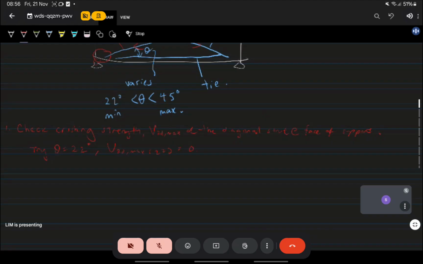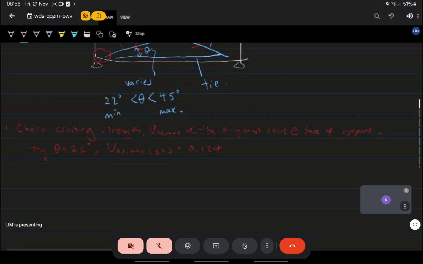So the formula is 0.124 times bw times d times 1 minus fck divided by 250, times fck. This w is a subscript. Let's try the calculation.